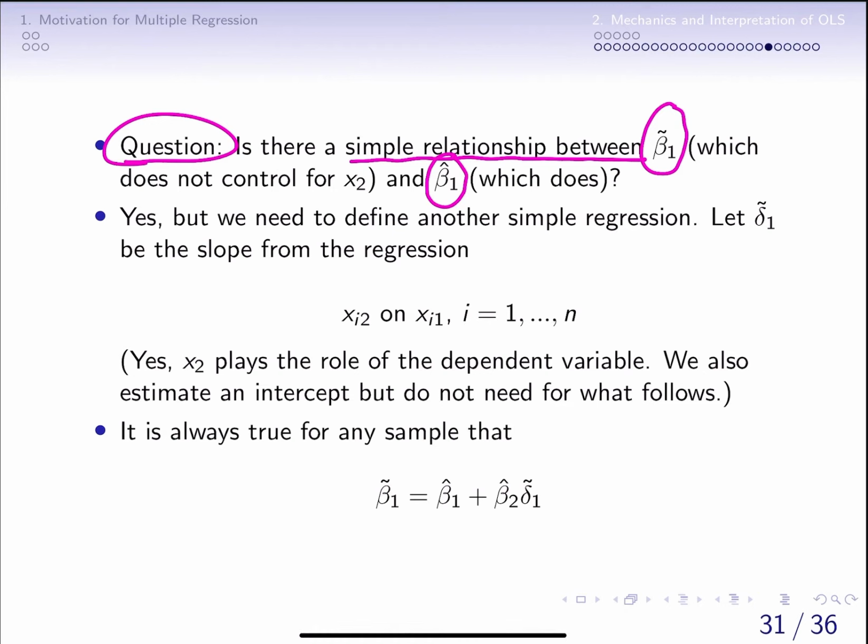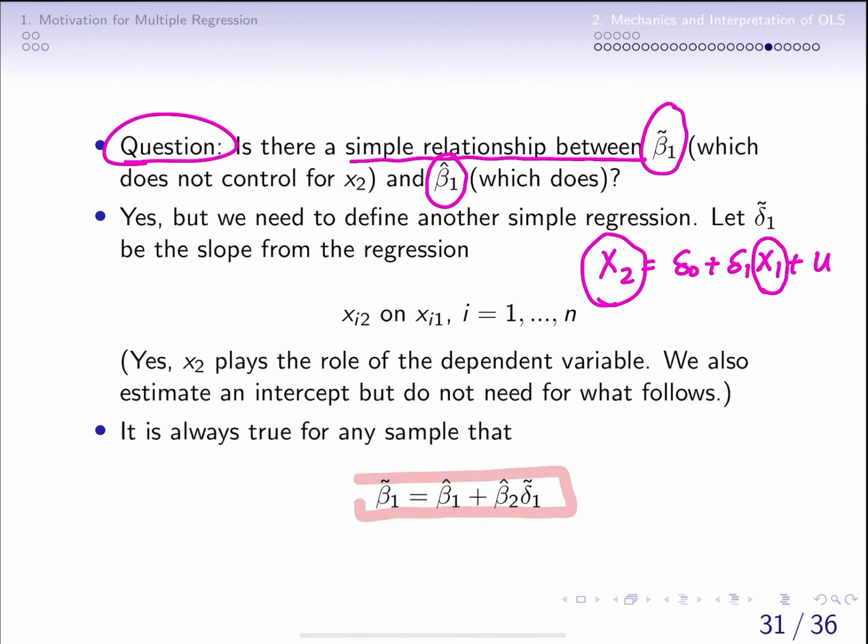Okay, and so what we can do is actually try to estimate the relationship between the missing variable x2, which we're trying to introduce in a multiple linear regression case, and x1, which goes into both the regressions. Okay, so it's always going to be true that such a relationship will hold.